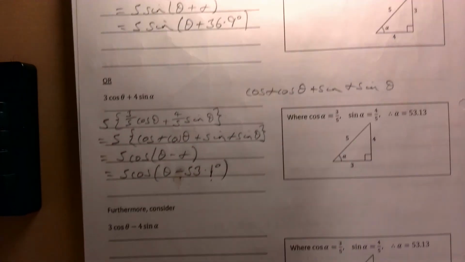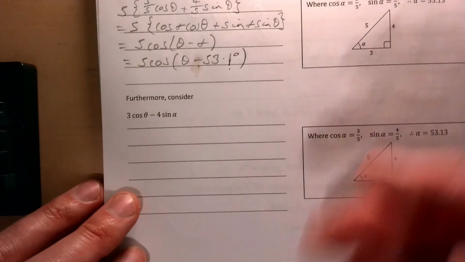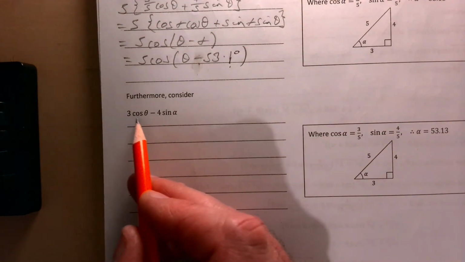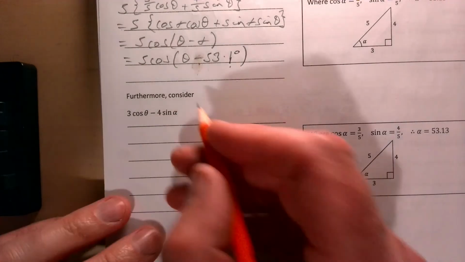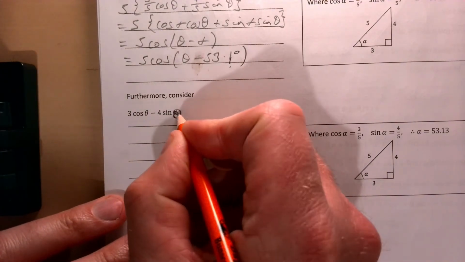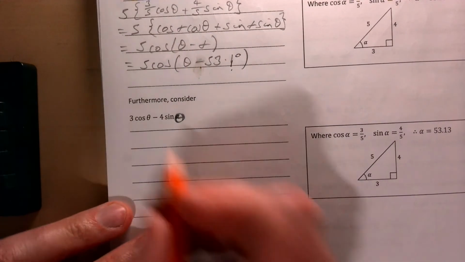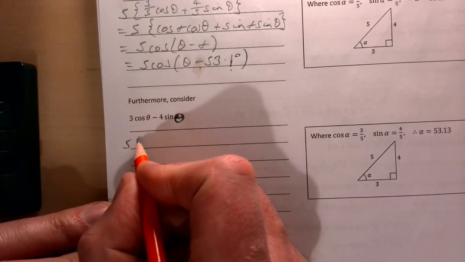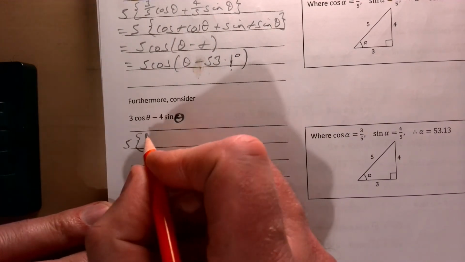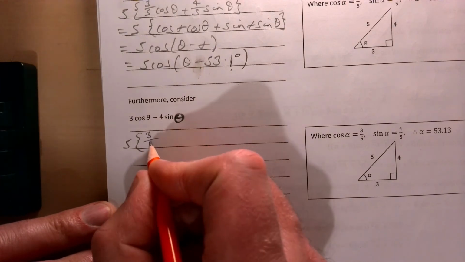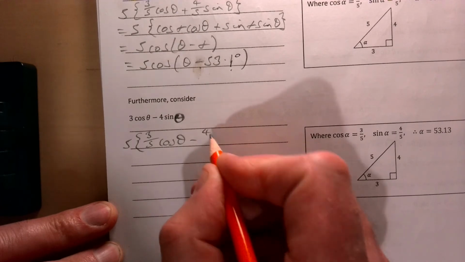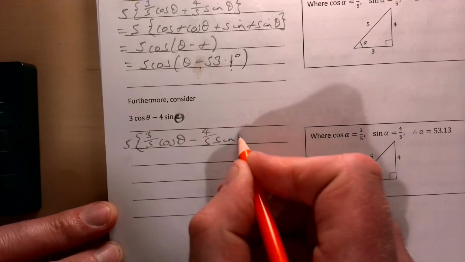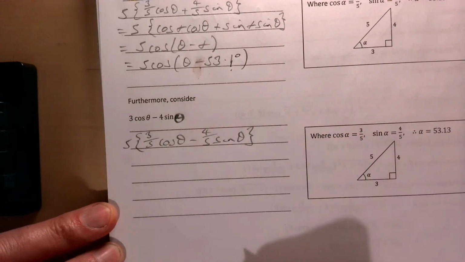Another one we need to take a wee look at, maybe say we had 3 cos theta minus 4 sine theta. We could rearrange that as 5 lots of, same again really, 3/5 cos theta minus 4/5 sine theta.